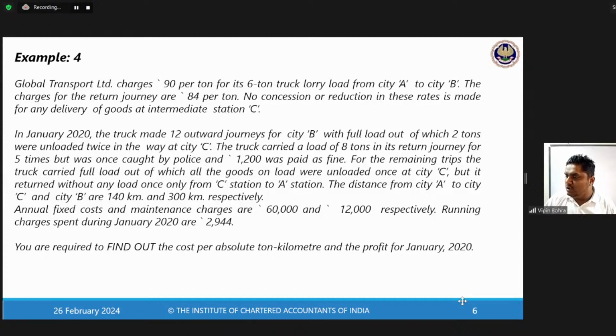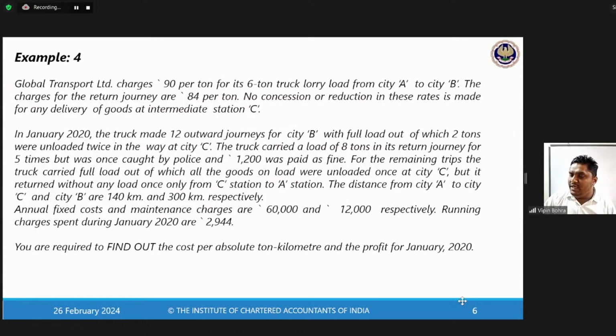No concession or reduction in these rates is made for any delivery of goods at intermediate station C. So there is a lorry with a capacity of 6 tons. For the onward journey, they charge rupees 90 per ton, and for the return journey, 84 per ton. If there is any unloading at station C, they are not offering any sort of discount.